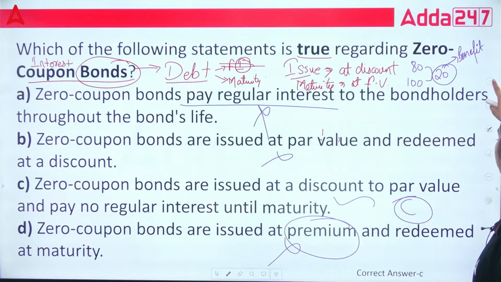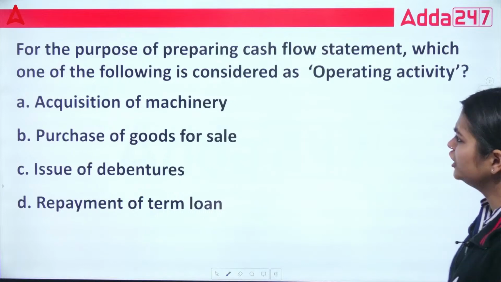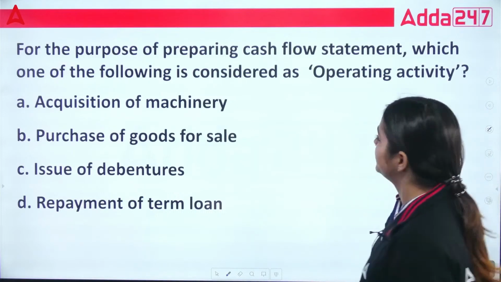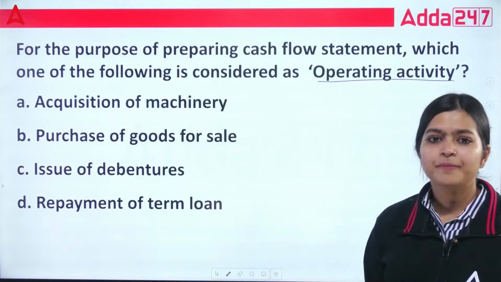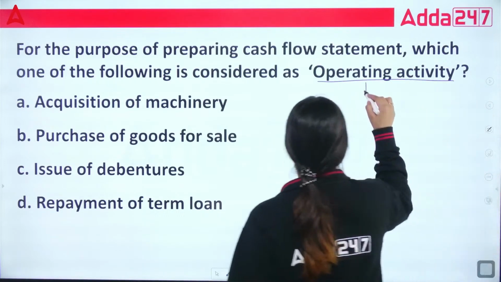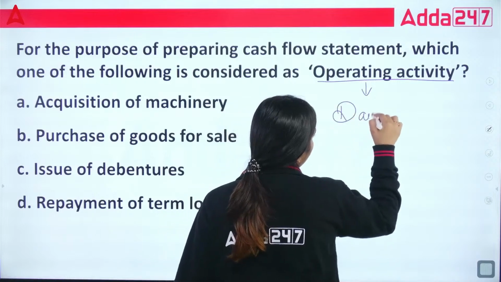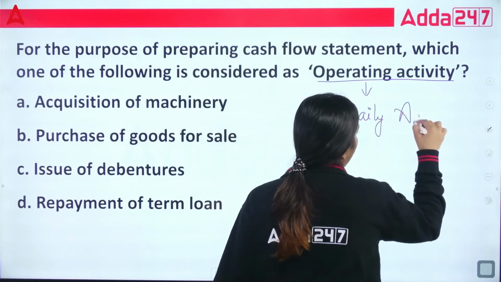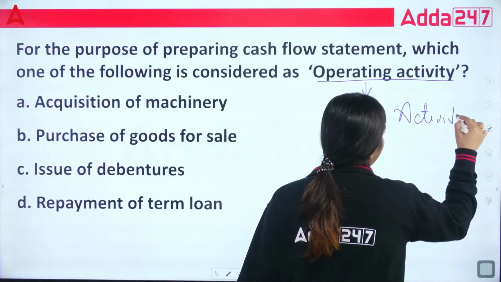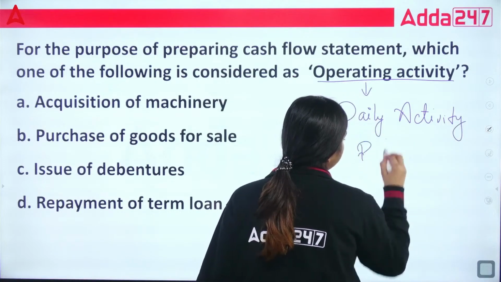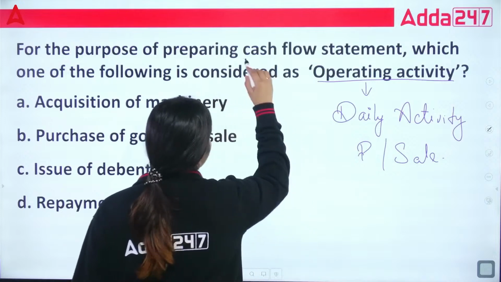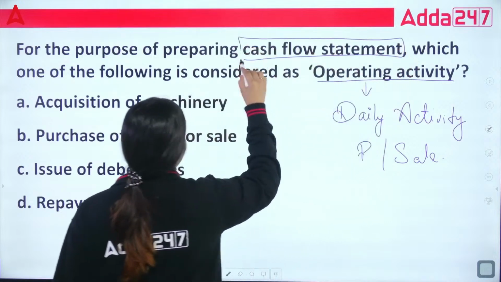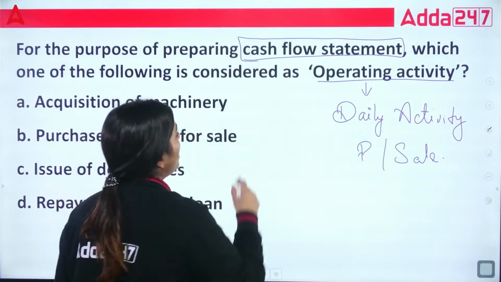Chali. Now, for the purpose of preparing a cash flow statement, which one of the following is considered as an operating activity? Operating activity means your daily activity, your purchase and sale activity. And they are asking in which statement we need to show it under the cash flow.